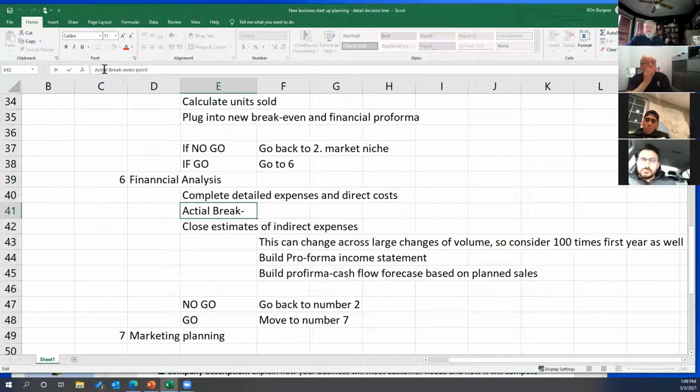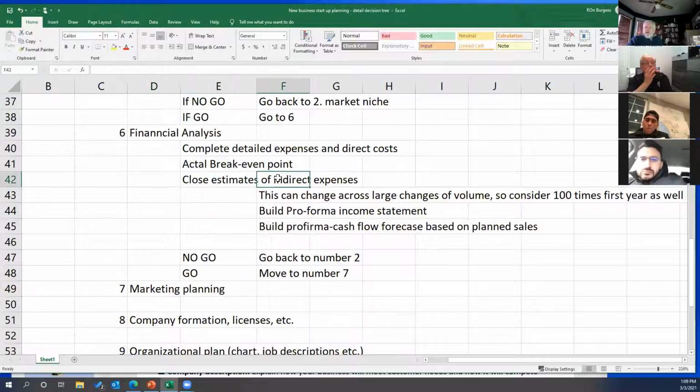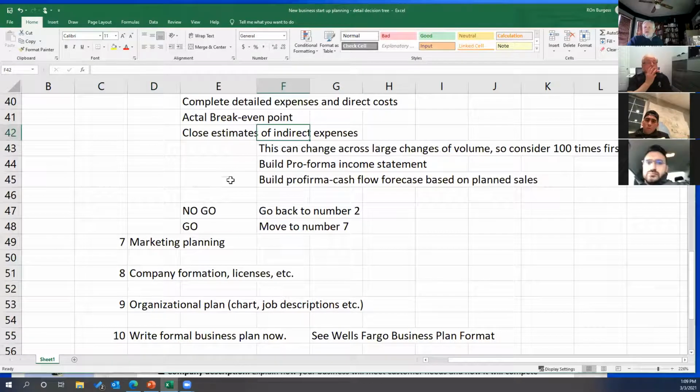And then you get your close estimates, and you put together your indirect expenses, and then you can begin to build this across time.